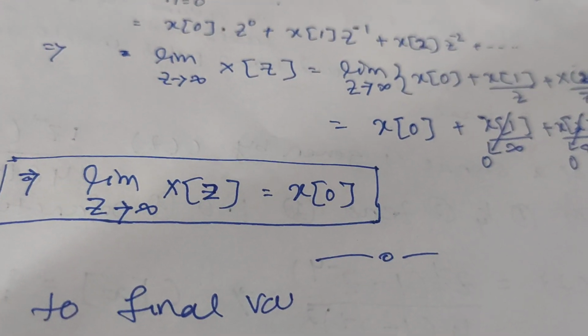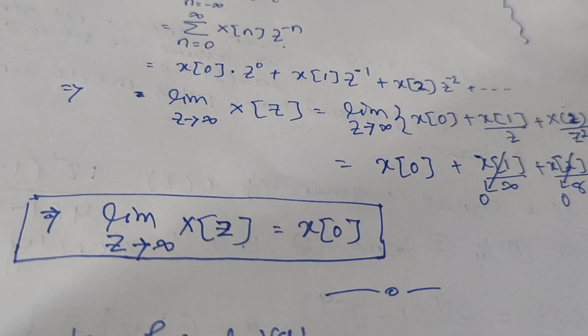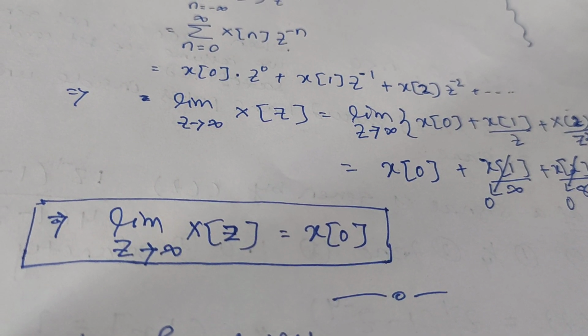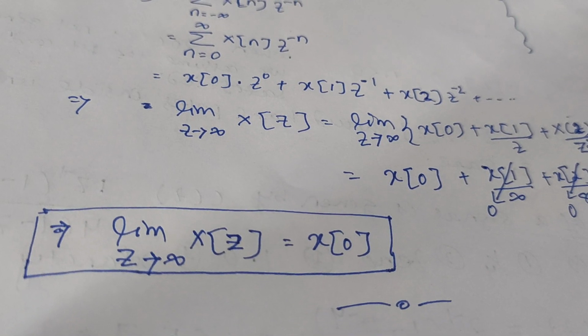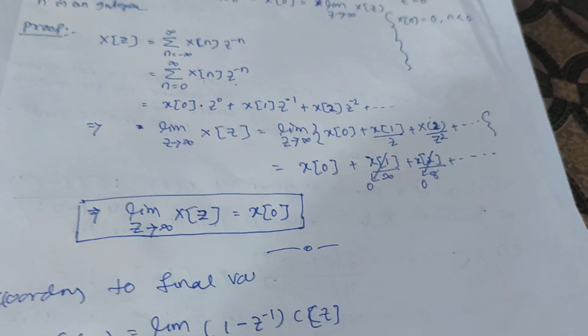Now putting z equal to infinity, we get x of 0 plus x of 1 divided by infinity, x of 2 divided by infinity, and so on.